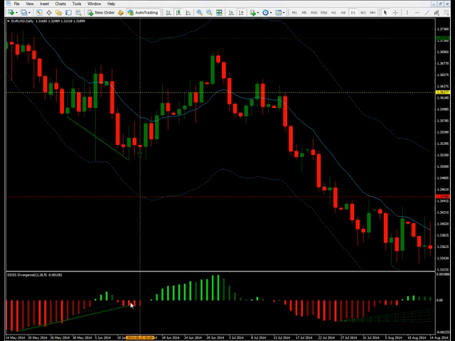So the bright red histogram lines now turn to dark red. These two are taken care of for you. The lines are drawn on the chart and the arrow is drawn on the chart when the histogram starts moving in the opposite direction.